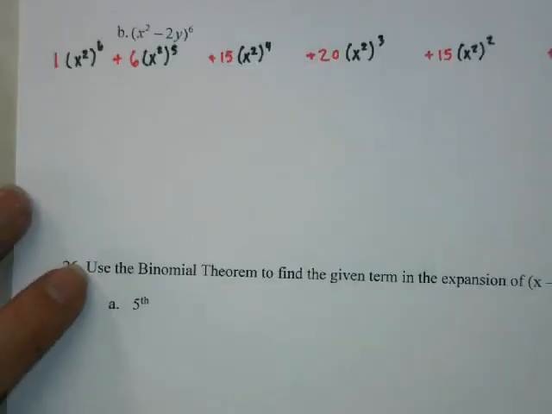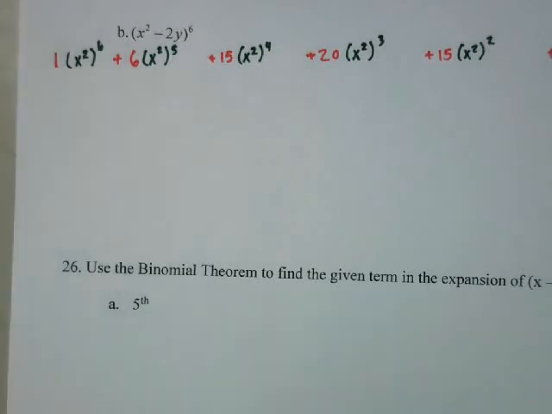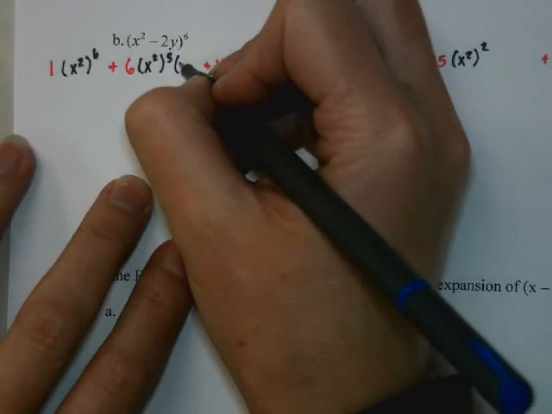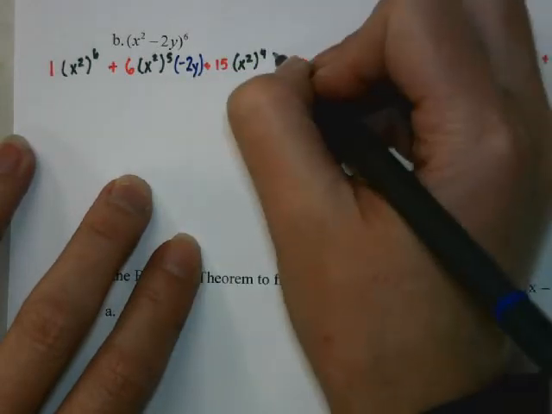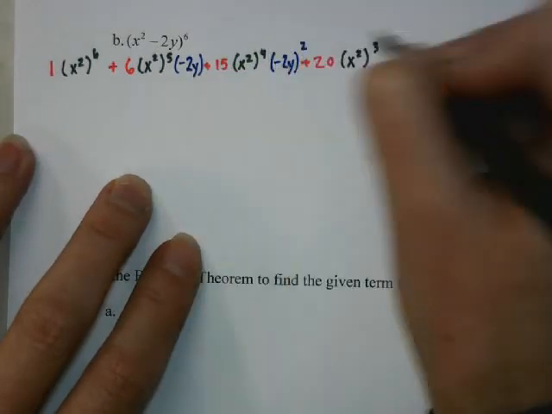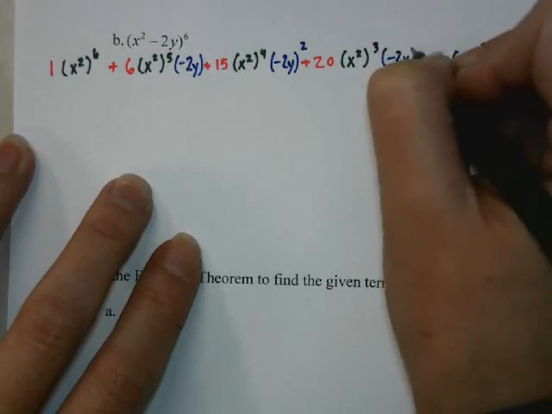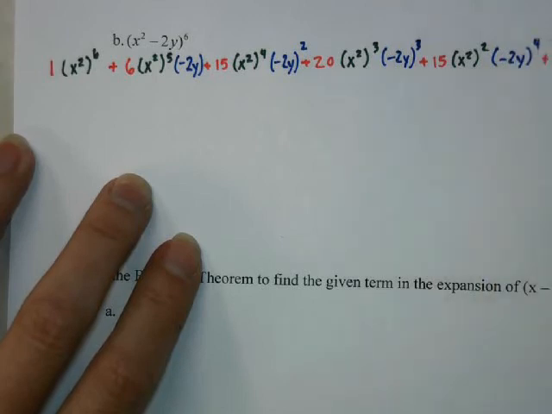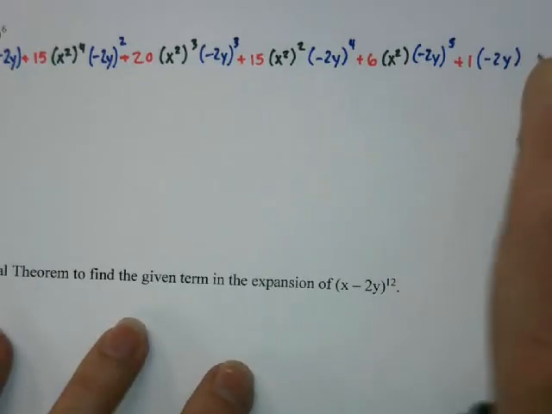Then we're going to take the negative 2y in ascending order. Okay, so there's no negative 2y here. There'll be a negative 2y, negative 2y squared, negative 2y cubed, negative 2y to the 4th, negative 2y to the 5th, negative 2y to the 6th. This takes a lot of room.